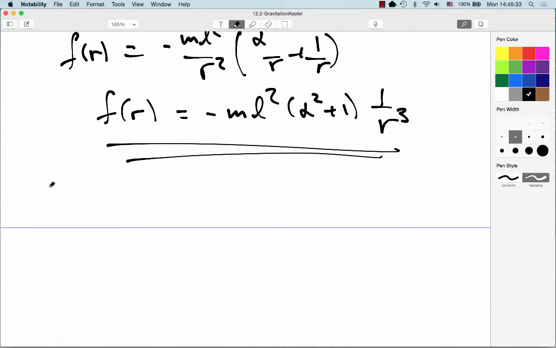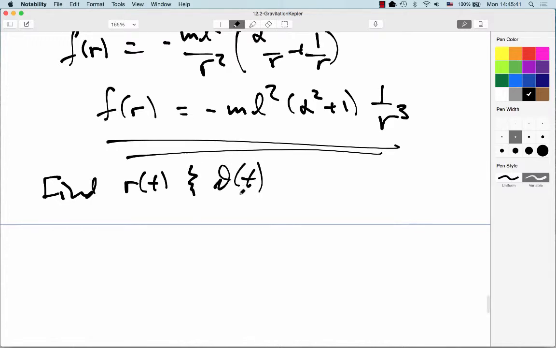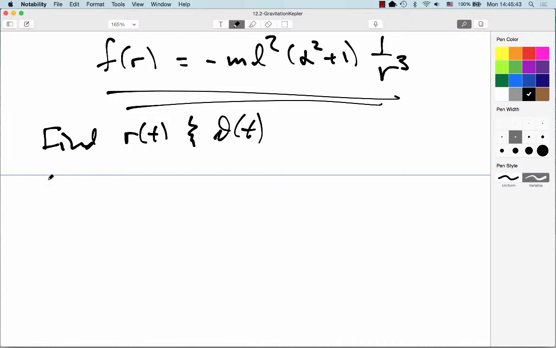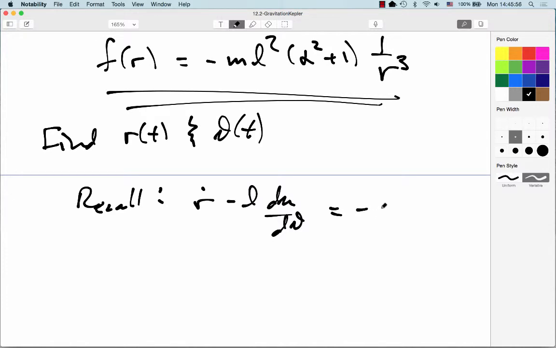So we can go ahead and find r of t and theta of t for this force while we're at it. So we remember that r dot equals minus L du d theta. So that'll be equal to minus L times d d theta of 1 over r.